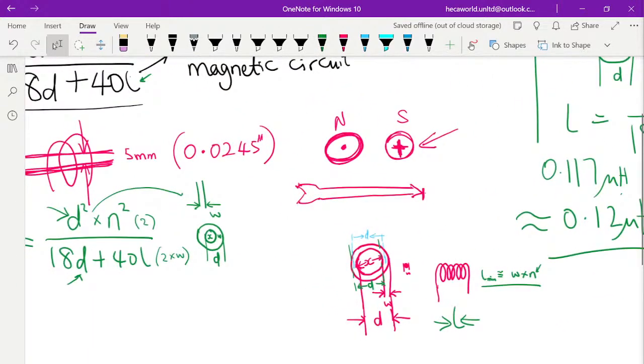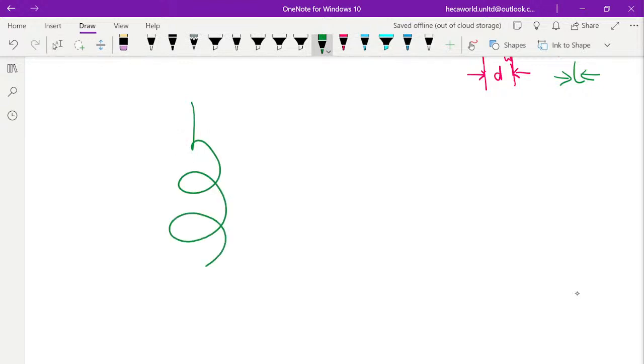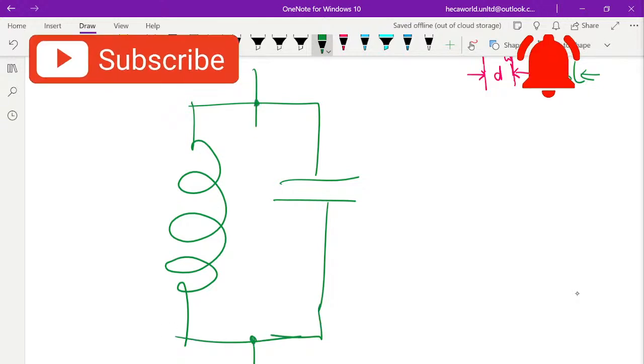So let's recap. If you want to build a transmitter of any kind, you need a resonant circuit. Very important. Okay, let's draw a resonant circuit first. So there are parallel and series resonance. Yesterday we built our system based on parallel resonance. That just means inductor and capacitor in parallel.